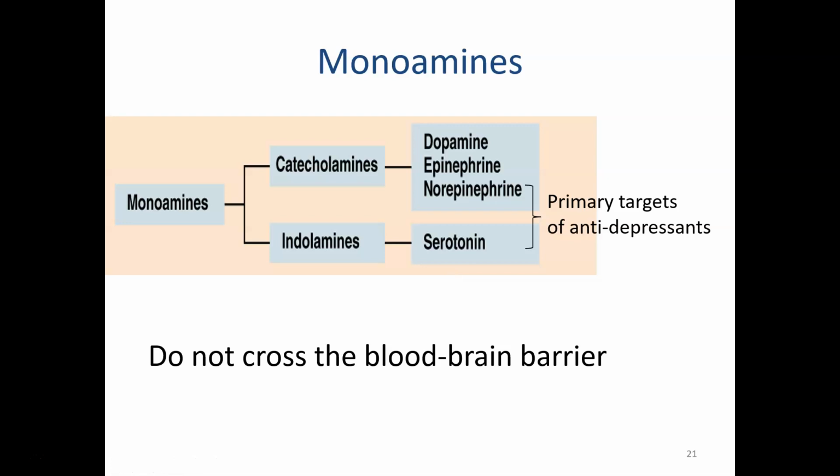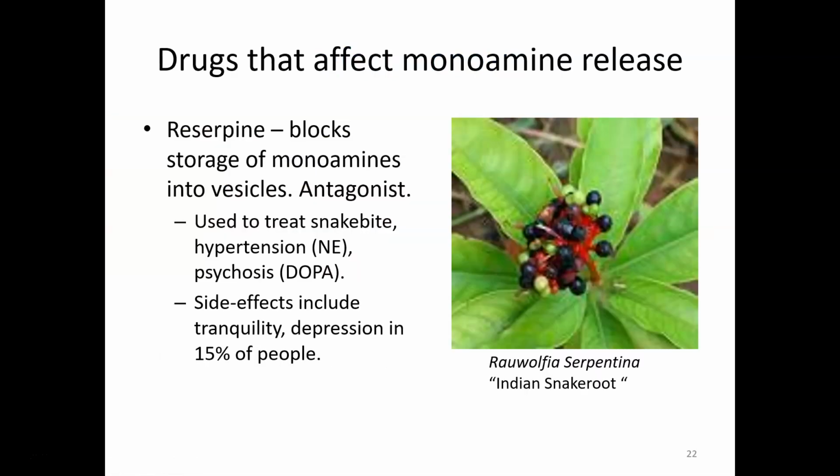So why do we believe that the monoamines are involved with mood disorders? We largely know about this because of reserpine. Our current understanding of the pharmacology of depression really comes from the Indian snakefruit plant, Rauwolfia serpentina, better known to you as reserpine. As a reminder, reserpine is used to treat snakebite.